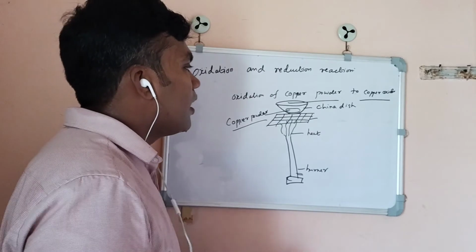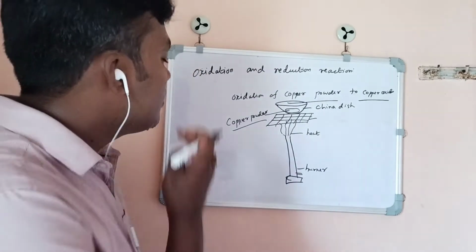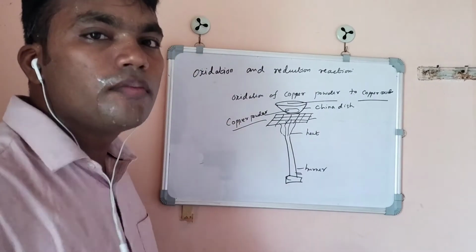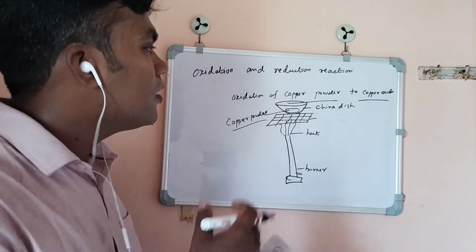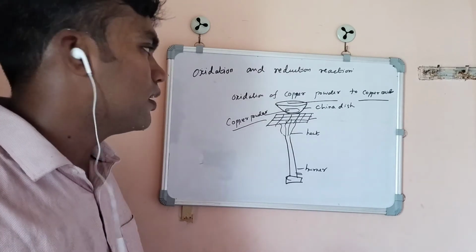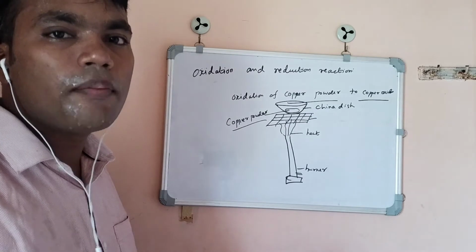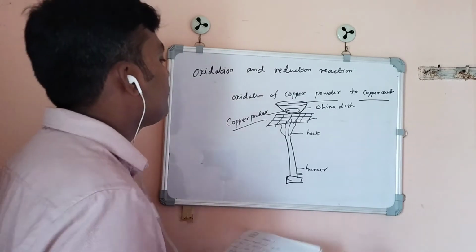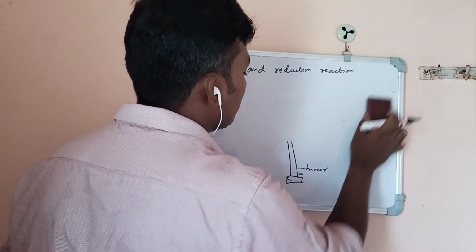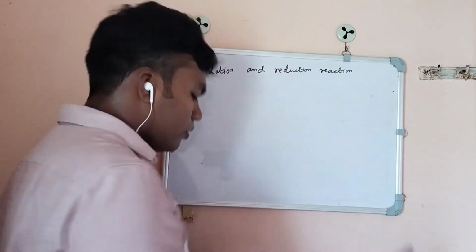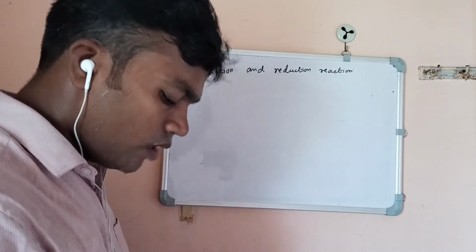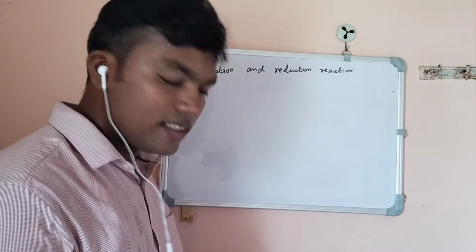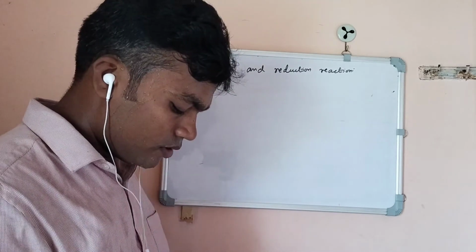Have you thought why this copper powder is converted into copper oxide, black copper oxide? Let's see with an example. Now you can open your book, page number 12, section 1.25.